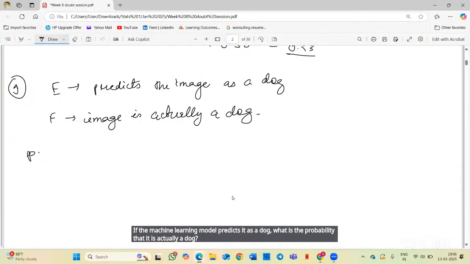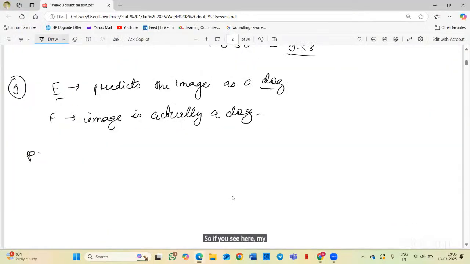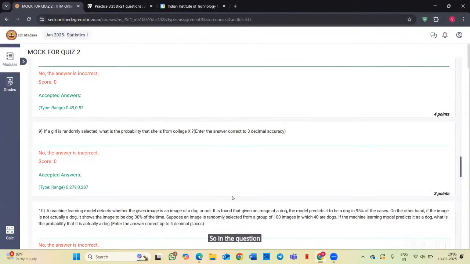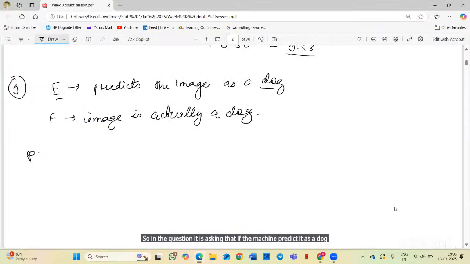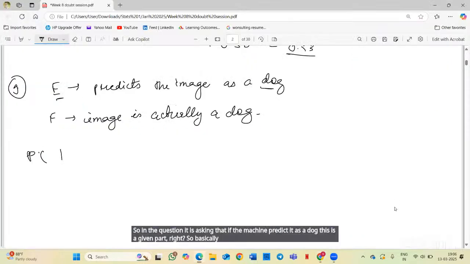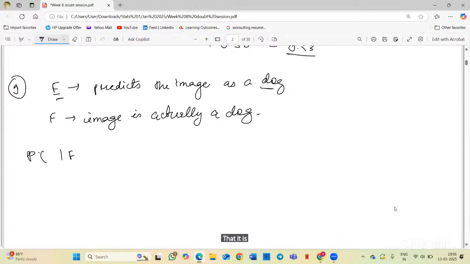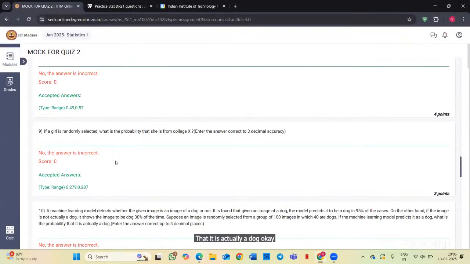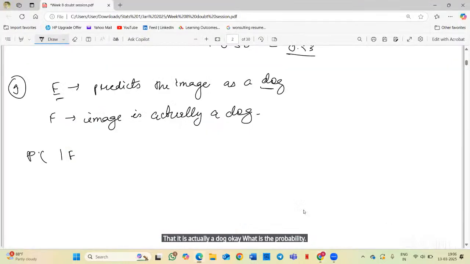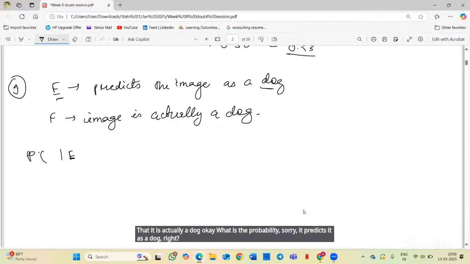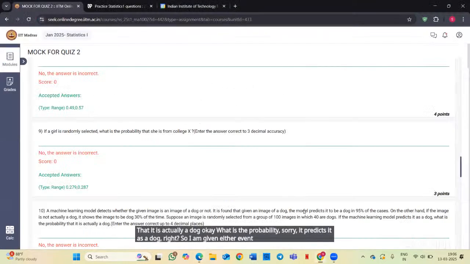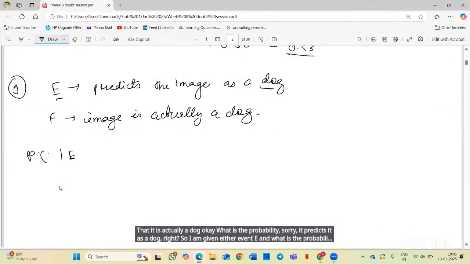So here, E is predicting the image as a dog and F is the image actually being a dog. The question says that if the machine predicts it as a dog, this is the given part. So I am given the event E, and we have to find the probability that it is actually a dog, that is, probability of F given E. Is it fine?